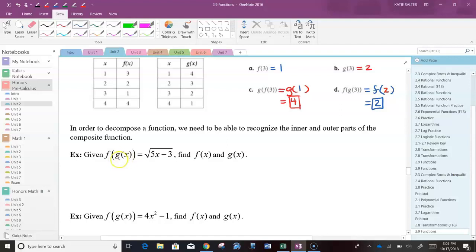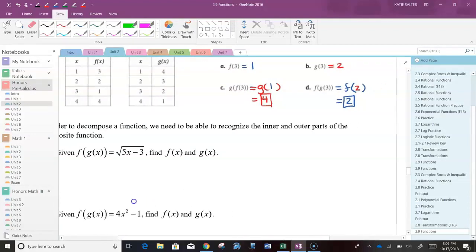Notice g of x is the inner function, so you're trying to look for a function inside another function. Do not let x be the inner function. It needs to have something other than just x. So when I look at this, what I see is that 5x minus 3 is inside that square root.